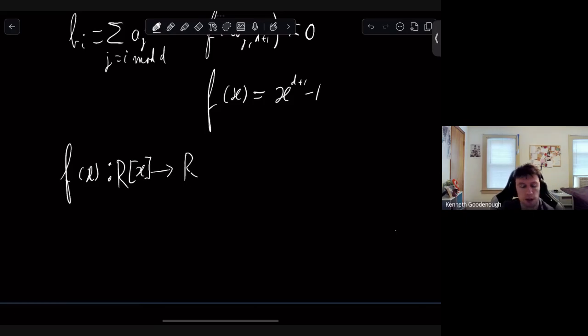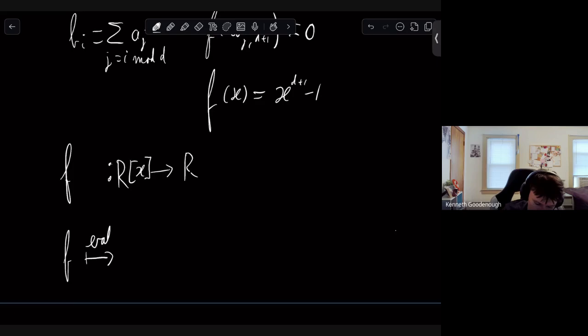So I have some ring, and I have some polynomial over that ring. I can now evaluate a polynomial at certain values of x. So for a given f, I can evaluate x at some value, let's say f(y), I guess. Again, I'm not sure if this is standard notation, but this should get the idea across. So I just take my polynomial and I evaluate it at x equals y.